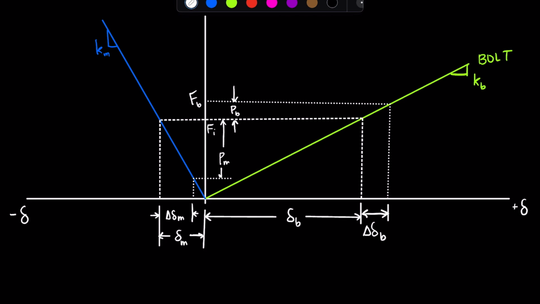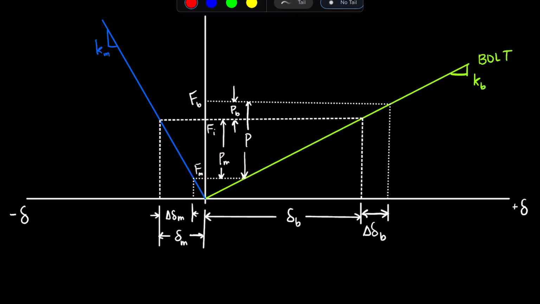That's the portion of the external load that goes to the members. The total external load is PB plus PM. So FM is equal to Fi, our initial preload, minus PM. That's another equation that we wrote earlier.